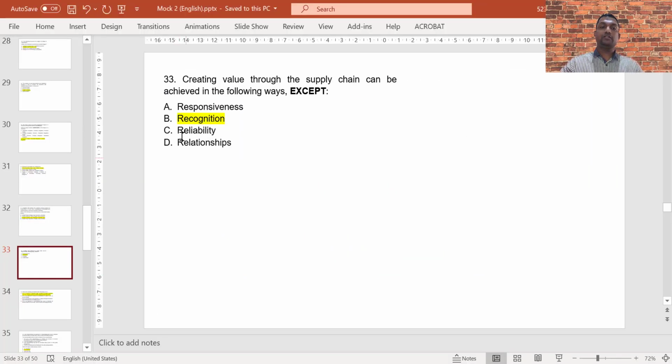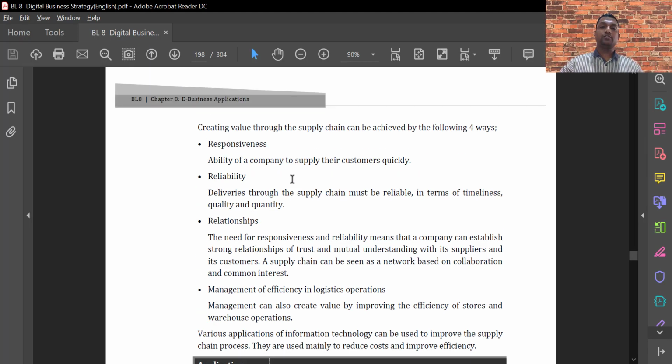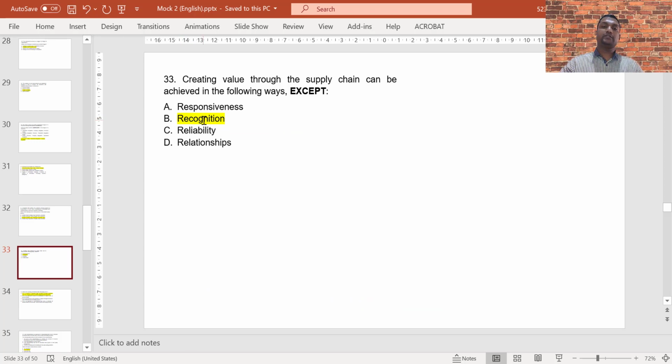If you look at the answer points, responsiveness, reliability and relationships are actually part of how we create value through the supply chain, and recognition is not included in this. The question is asking which is not creating value, so recognition, we can mark it as the answer.